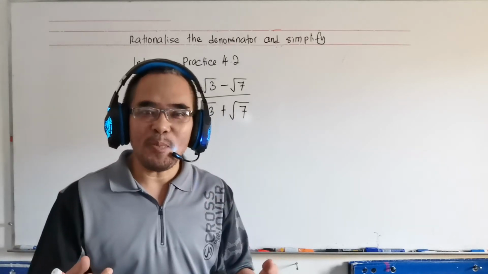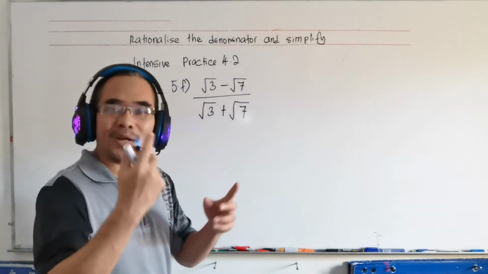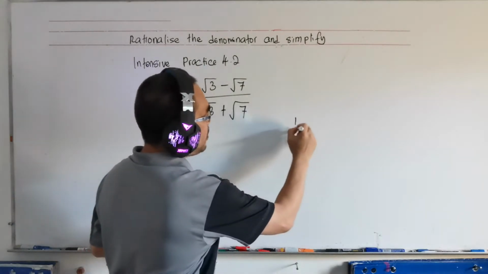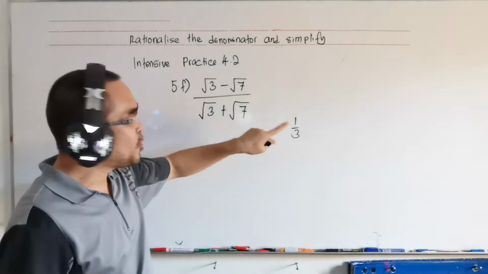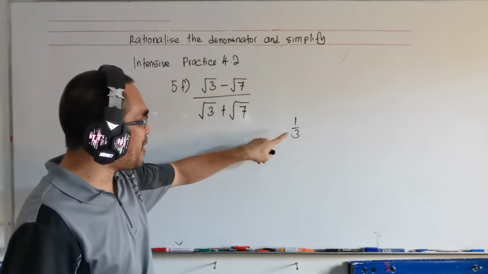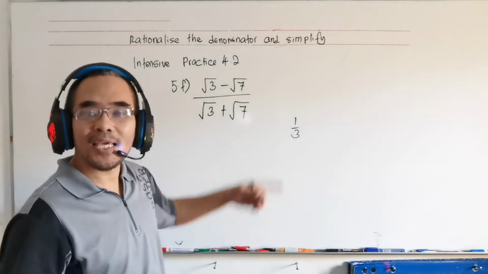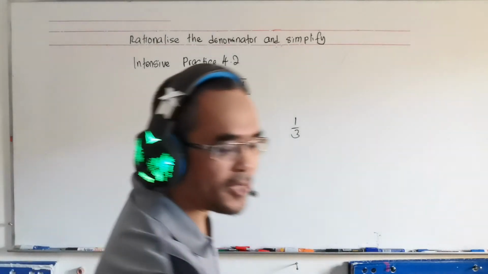And what is the denominator? In a fraction we have numerator and denominator. So 1 over 3, numerator and denominator. We do not want a square root as part of the denominator, but 3 is acceptable. So how do we eliminate the square root here?